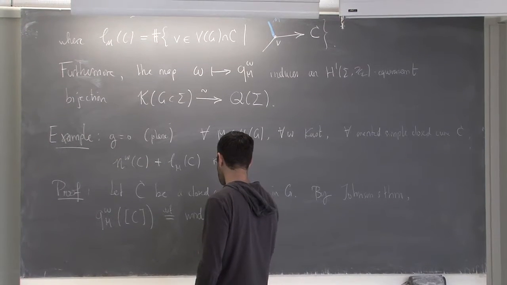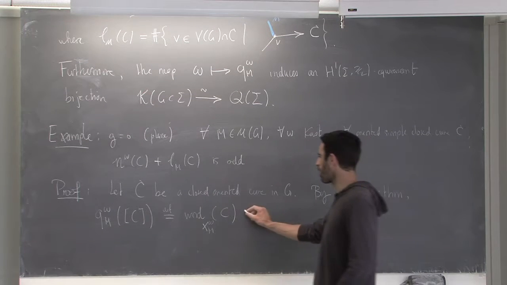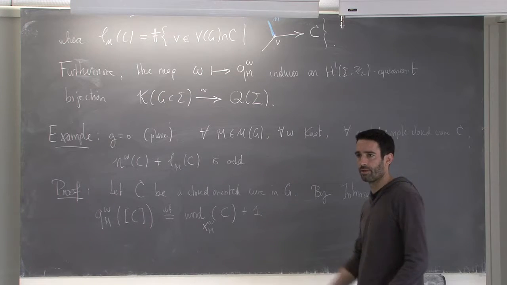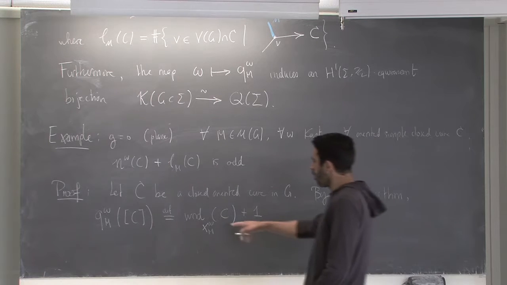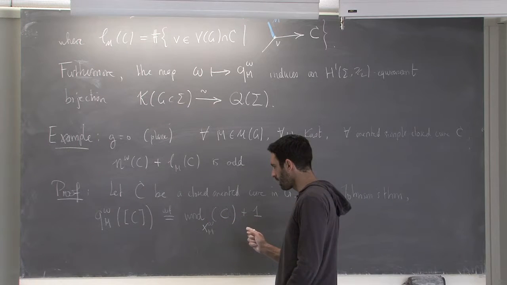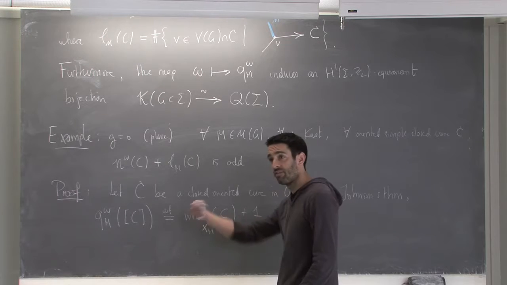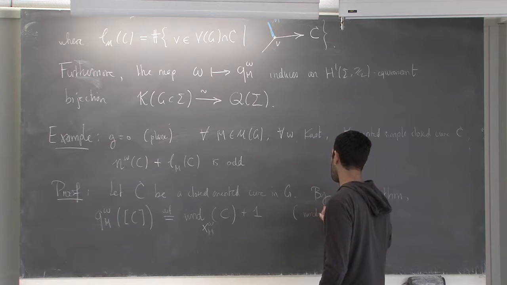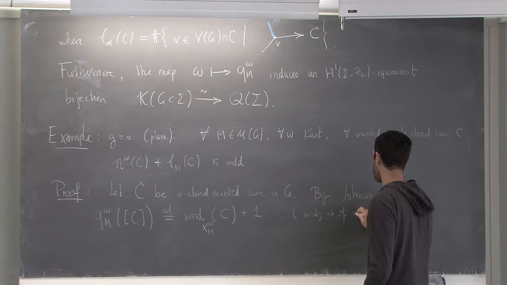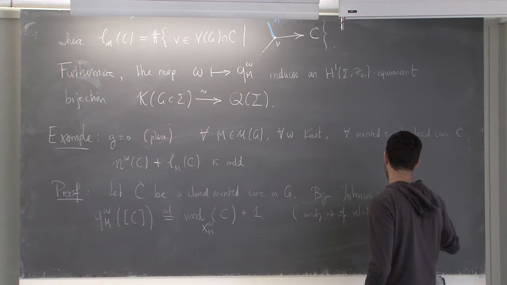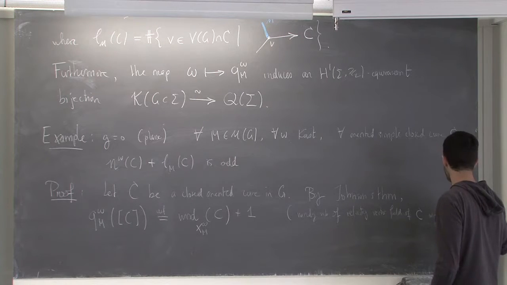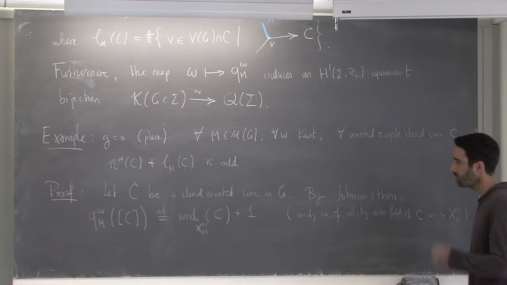I had denoted it this way. If you just look at the statement of Johnson's theorem, that was what we had. This means the winding number of the velocity vector field of C with respect to x, in this case x omega m.